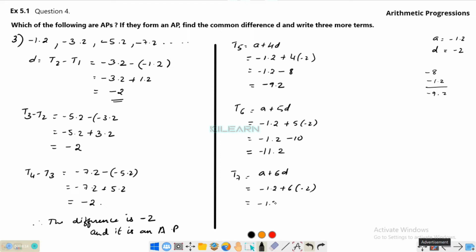So minus 1.2 minus 12, which gives us minus 13.2. Therefore, the 3 terms are minus 9.2, minus 11.2 and minus 13.2.